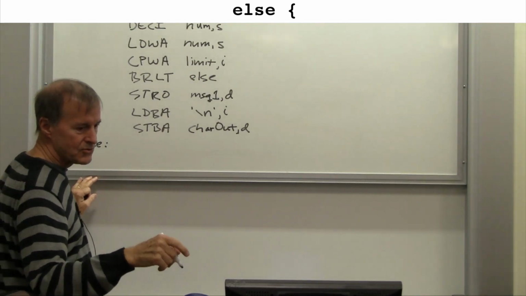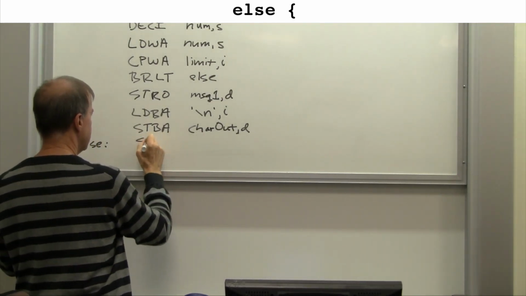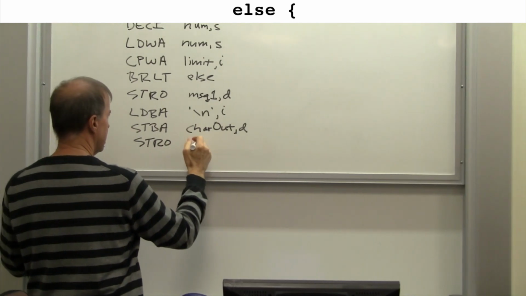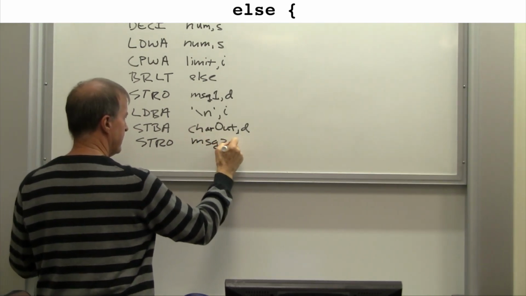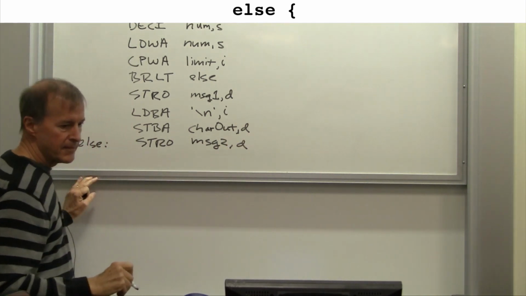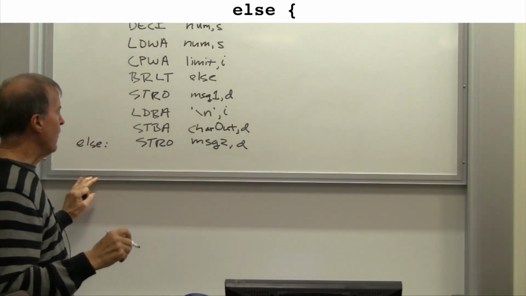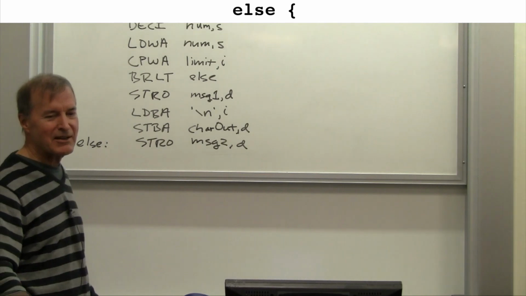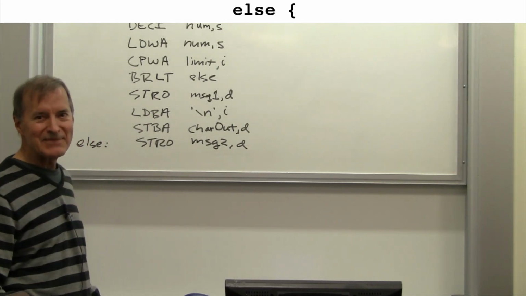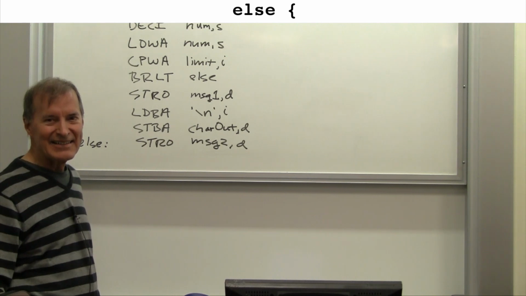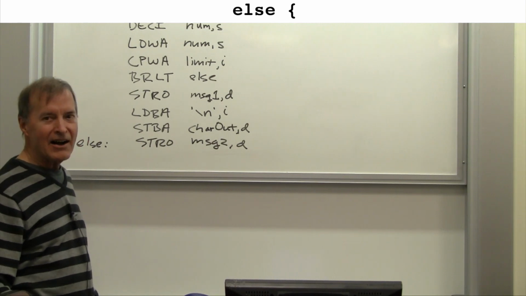And that's another string output, and that's message 2, direct. Oh, wait. We just made a major faux pas. This was wrong, because don't you have to branch around the else?